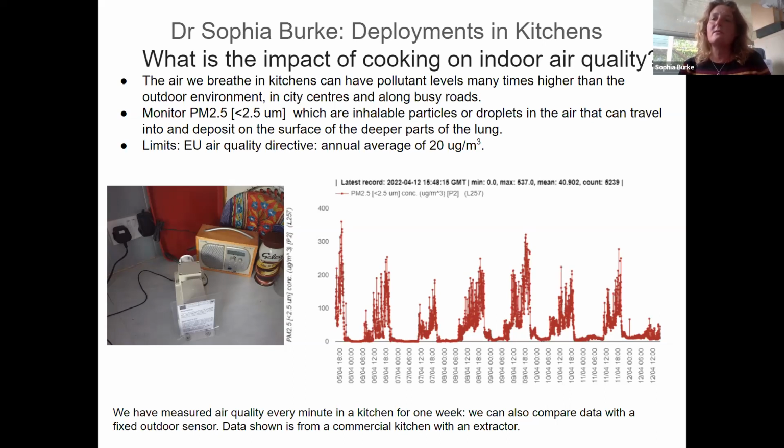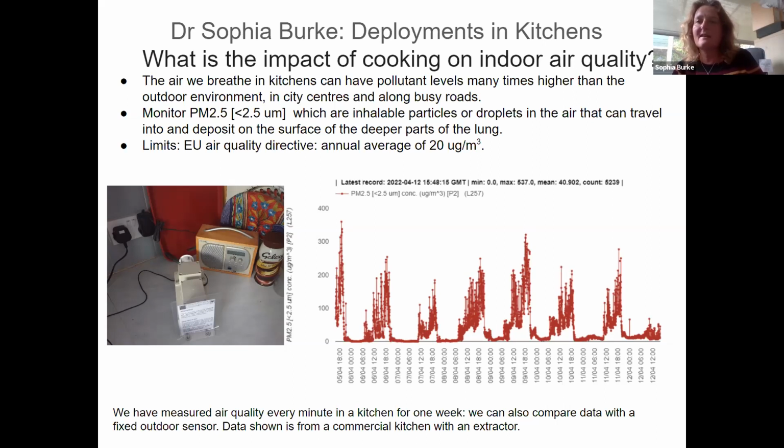And the EU Air Quality Directive allows an annual average of only 20. And some of the results here of a sensor in a kitchen show many times more than that. You can see each of those bumps is for a day, so that's a whole week of data. And you can almost see every sausage and every burger being fried.